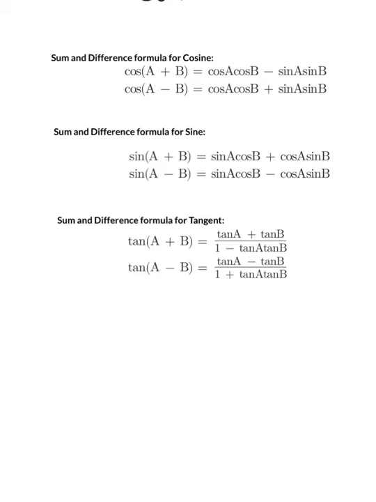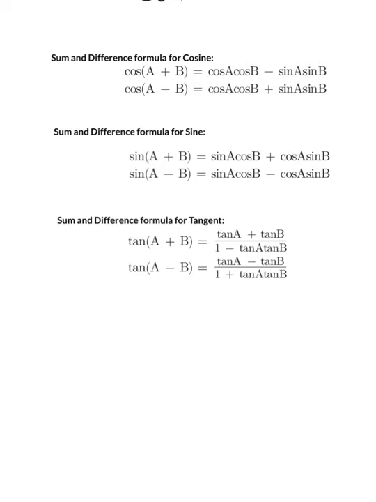On the cosine, you do the cosine of both angles, and then you do the opposite sign of what was in the original. If you were adding your angles, you are going to subtract your functions. If you are subtracting your angles, then you are going to add the functions.